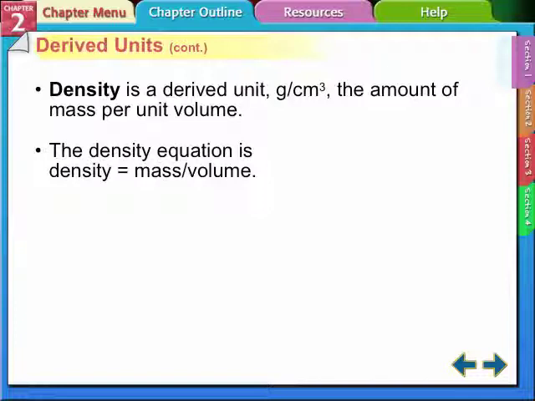The equation for density, which we must remember, is mass divided by volume equals density. That will come in very handy because density is what's known as an intrinsic property of an element. It can help you determine, along with the other properties of the element, what element you have.